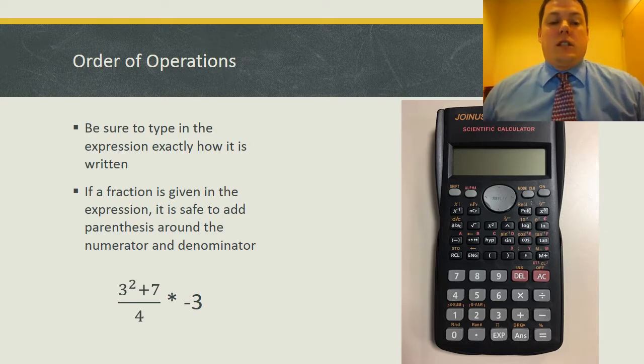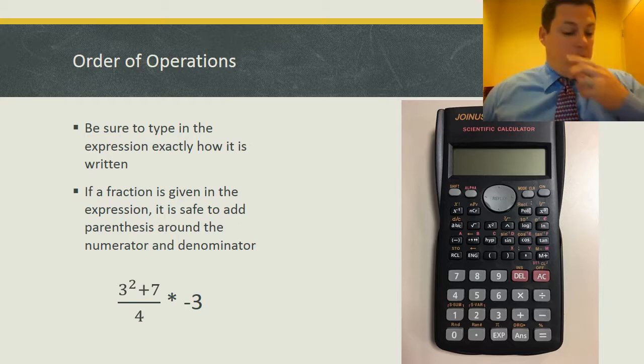So, first things first, order of operations. Anytime we are given a problem with an expression that we need to simplify, we need to follow the order of operations. And we want to be sure that when we're plugging that into the calculator, we plug it in directly. Another important tip is if a fraction is given in the expression, it is safe to add parentheses around the numerator and denominator.